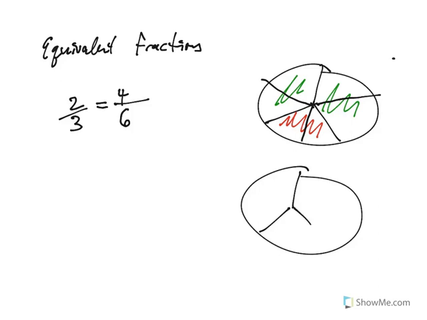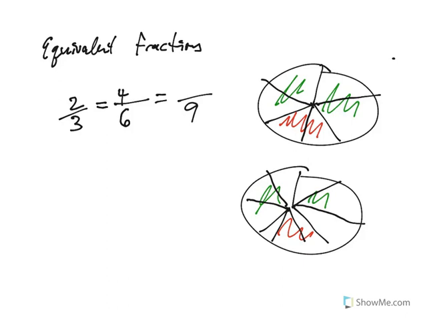If I go back to my 2/3 picture, and instead of cutting each piece into 2 slices, I cut each piece into 3 slices, now I have 9 slices altogether. The number of slices has tripled, but the number of green slices has tripled also. So these are all equivalent fractions.